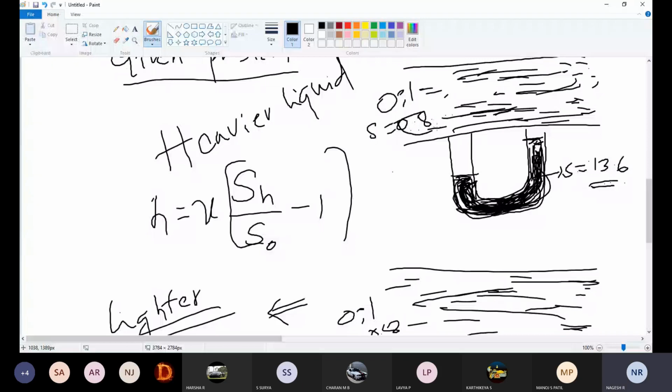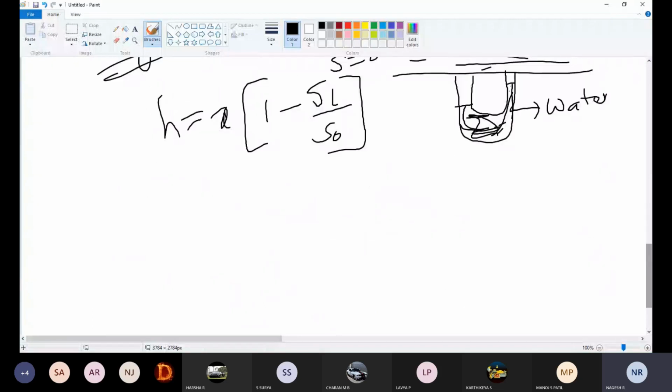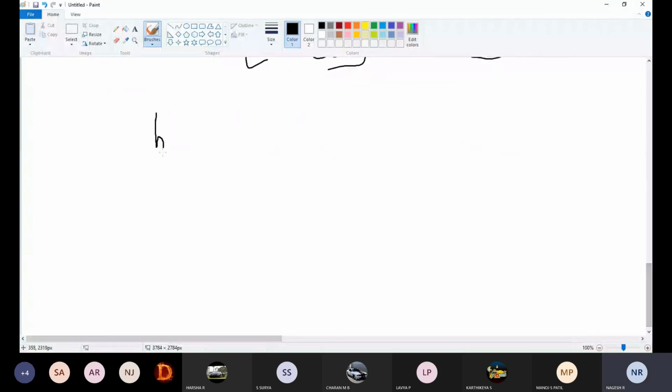Now, according to the given problem, the mercury in the manometer is the heavier liquid. Then I can take the formula to find the value of H as H is equal to X into (SH by S naught minus 1).